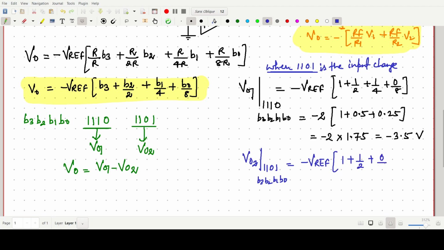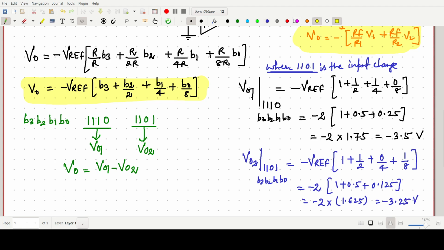B1 is 0, so 0 by 4 plus 1 by 8. And this one is minus 2 volt. So 1 plus 0.5 plus the other thing, 1 by 8, 0.125. Then if we solve, minus 2 into 1.625, it will be minus 3.25 volt.